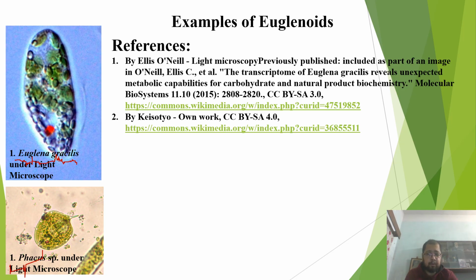As you can see in both cases, there's no cell wall, but a striated covering is visible, which is the proteinaceous pellicle. And in both cases, you can see a flagellum emerging from the cell.